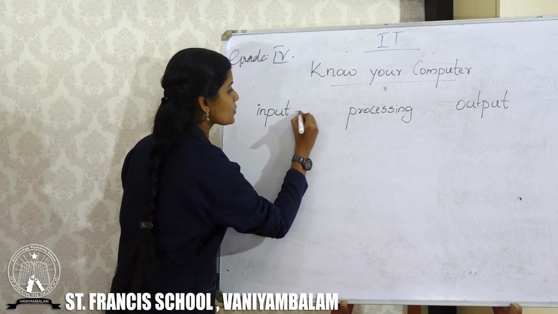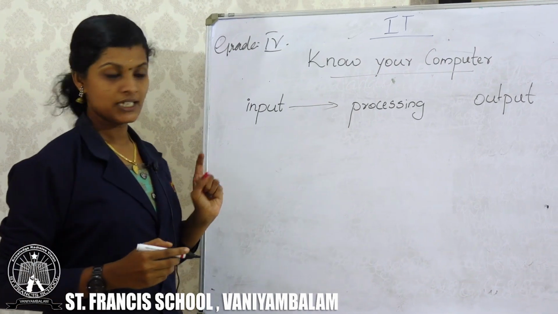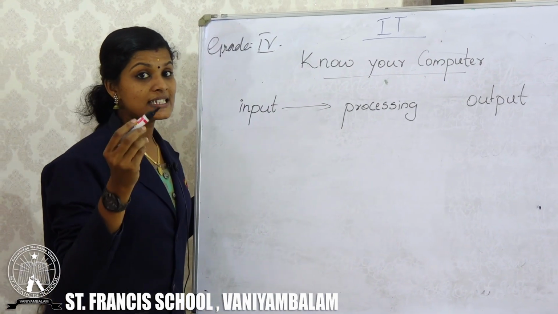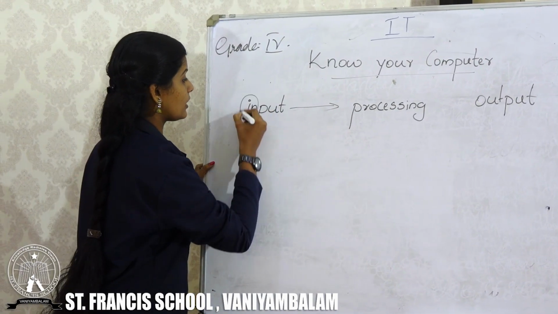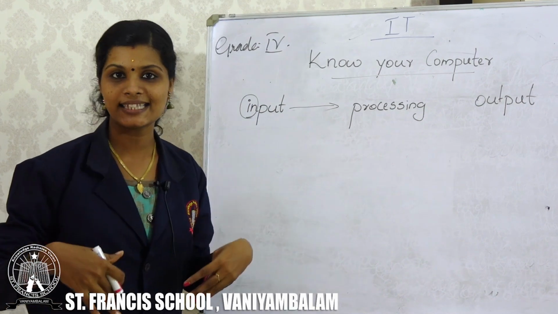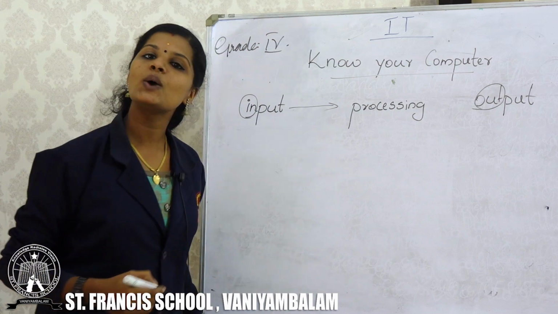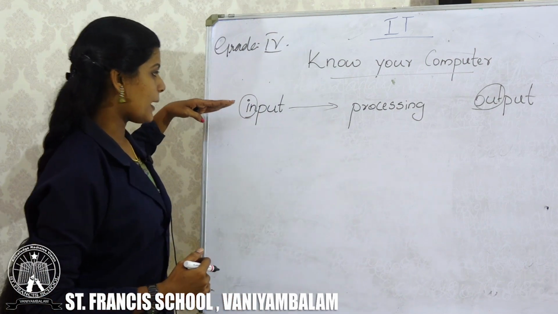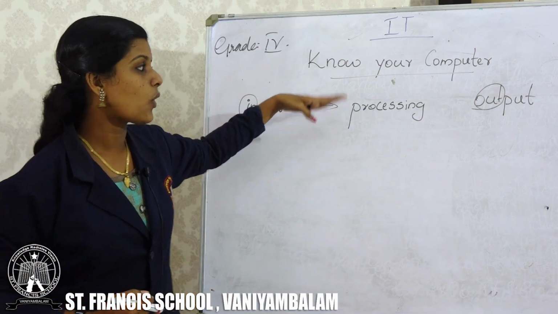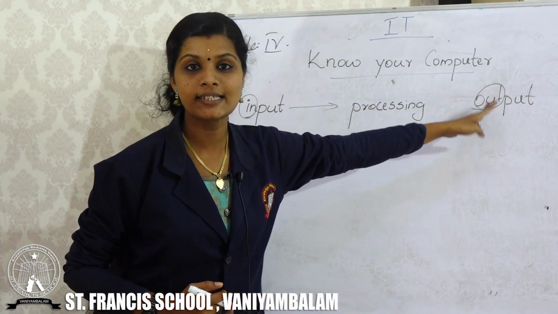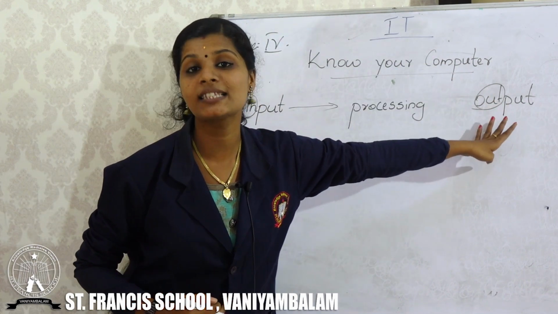The first one is what? Input. From the name itself, it is very clear. What is the meaning of in? Inside. What is the meaning of out? Outside. So we are putting something inside, and what we are getting outside is known as output. That is the result.